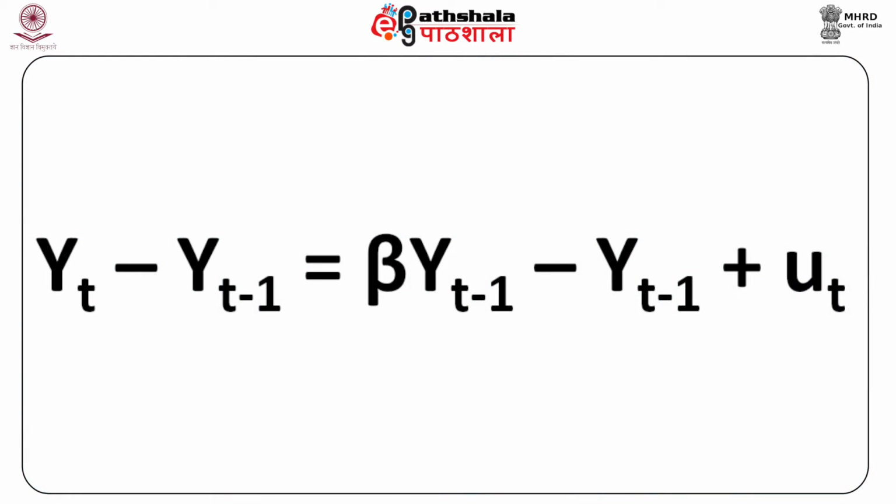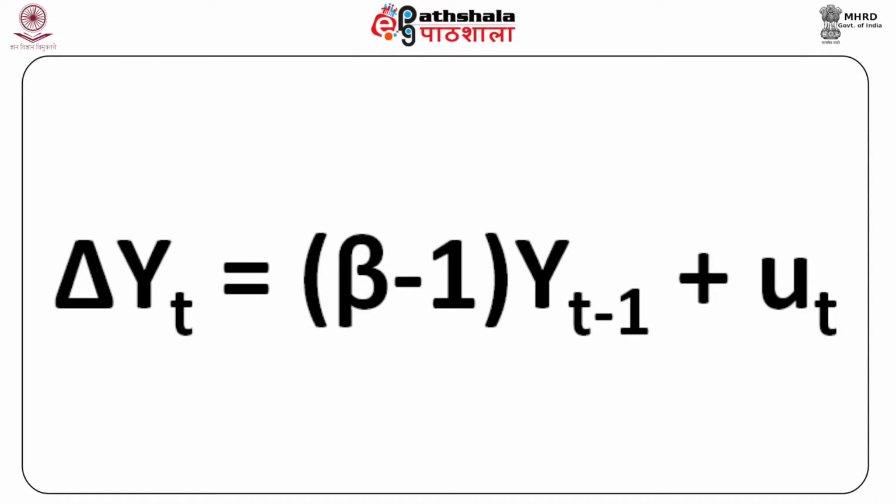However, the process can be tested using another method as well, where we take our original model, that is yt equal to beta yt minus 1 plus ut, and subtract yt minus 1 from both sides. So what would we obtain? We get yt minus yt minus 1 equal to beta yt minus 1 minus yt minus 1 plus ut.